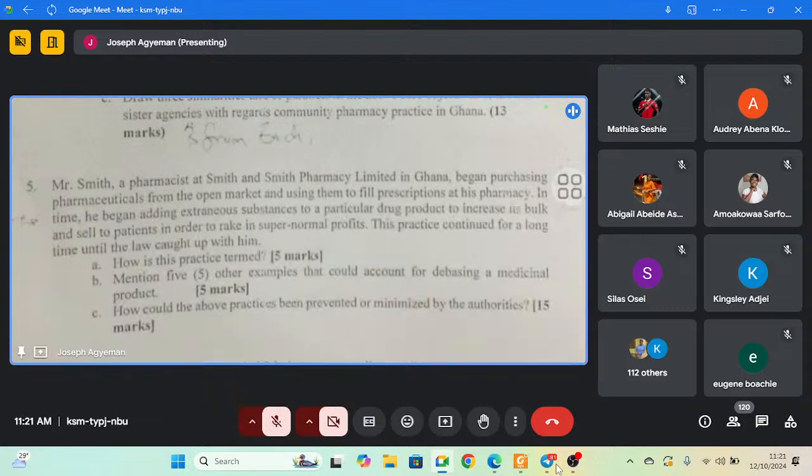Then on the market, they monitor as well. And then they set standards or regulations and enforce them so that if anybody violates it, they can punish that person to serve as a deterrent to others. So at least you can cite this and explain, link them to how they can help us minimize these acts of adulteration. Monitoring and inspection, both the market and the manufacturing, making sure that the manufacturing premises are also licensed.